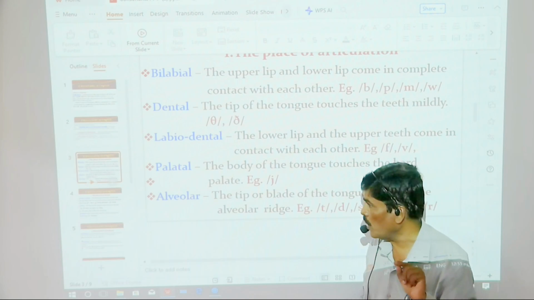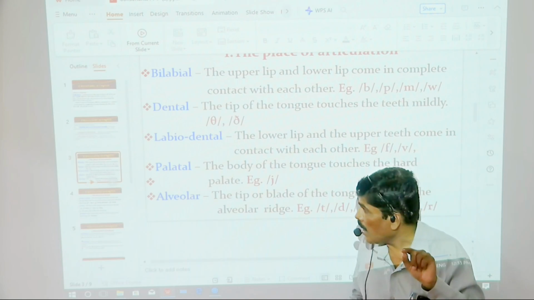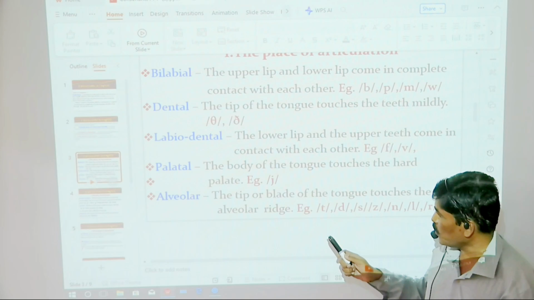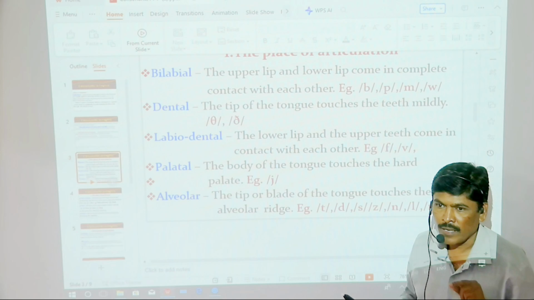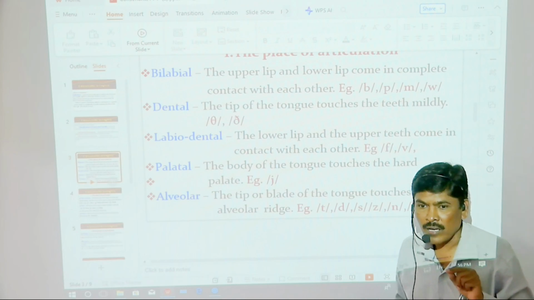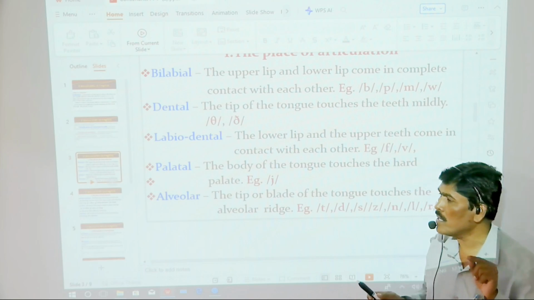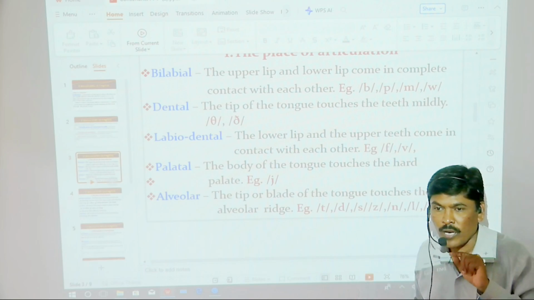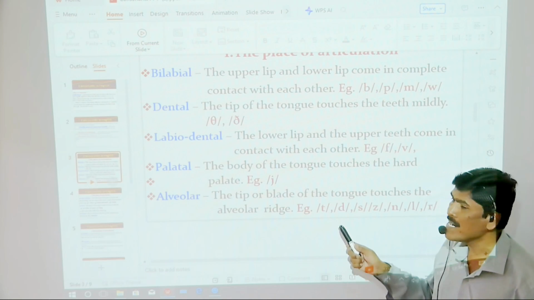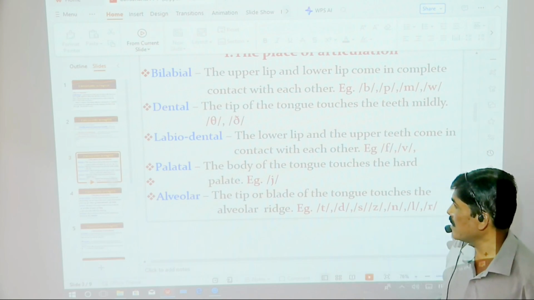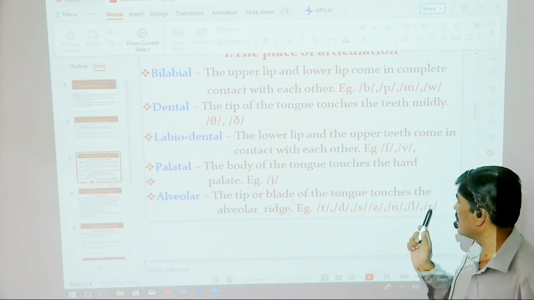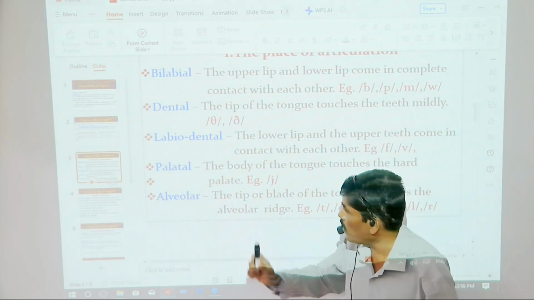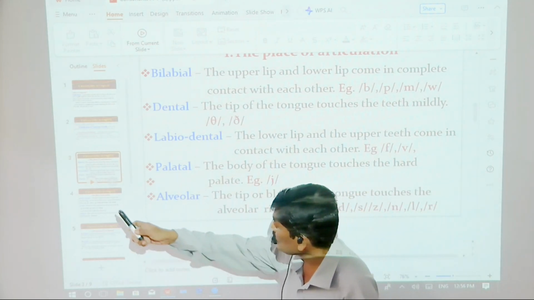That part is alveolar, and the sound produced at that place is an alveolar sound. For example, t. See, while producing the sound t, the tongue touches the alveolar part of the mouth cavity. That is t, d, s, z, n, l, r. These are alveolar consonant sounds. Okay.